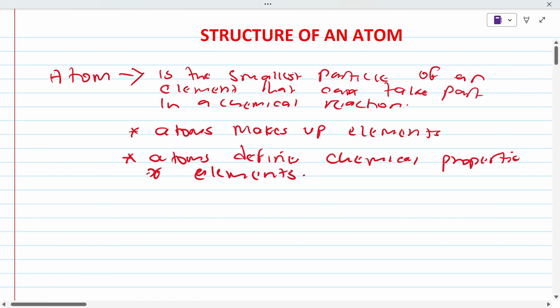Now, having known that, we really need to know the structure of an atom.